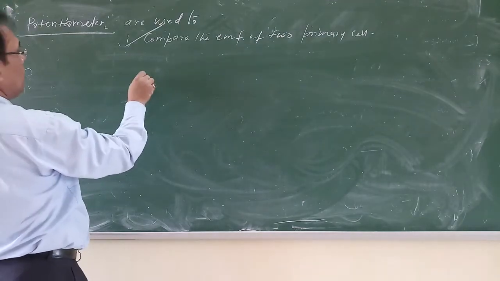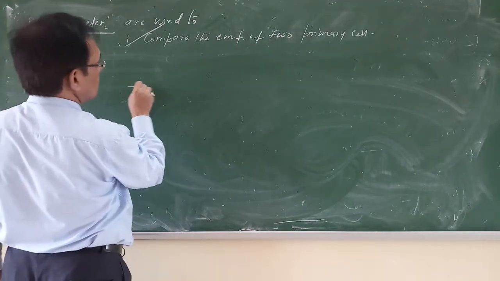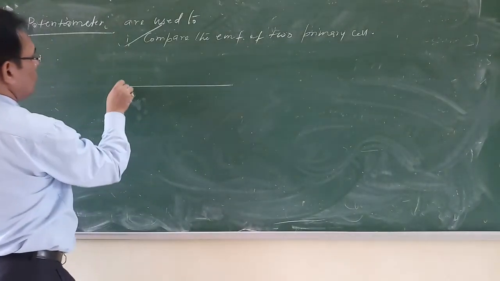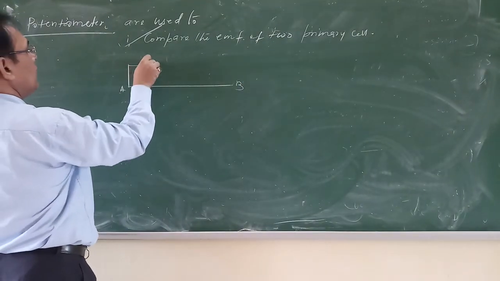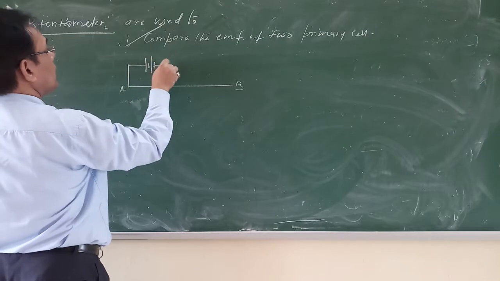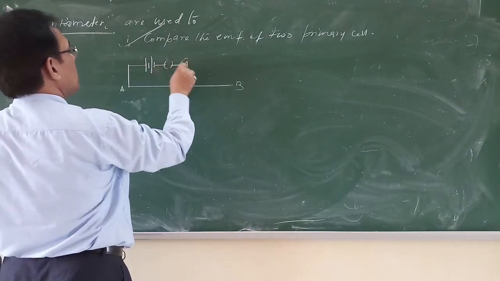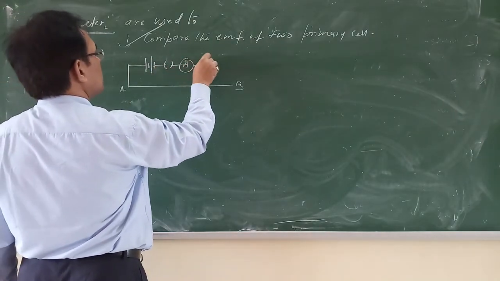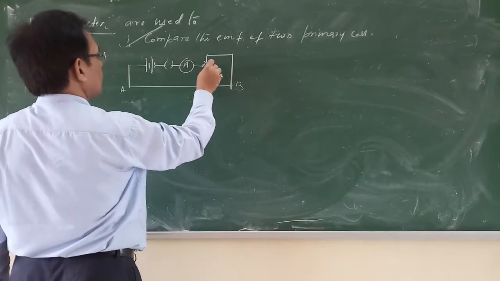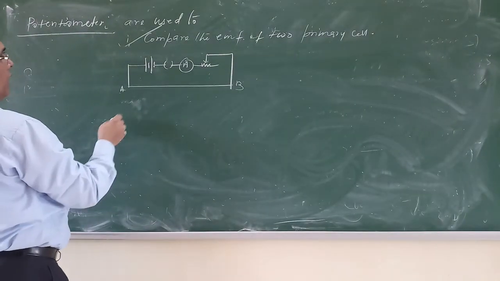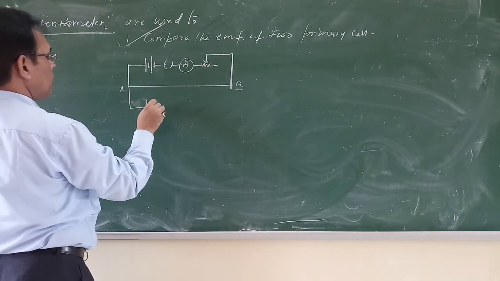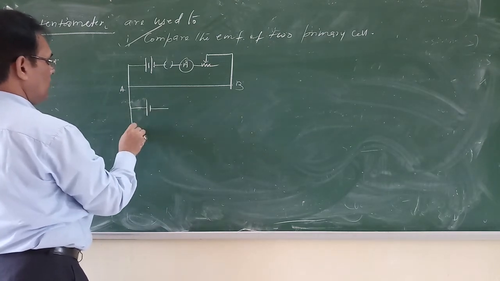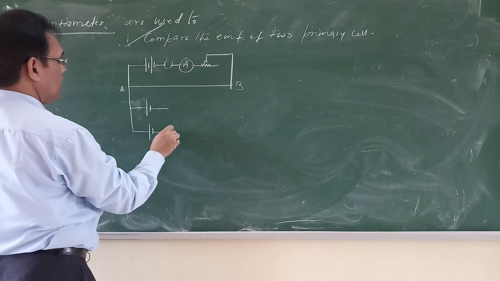So you draw the circuit diagram. This is the potentiometer wire A B, connected with the battery, then the ammeter, then the rheostat, and here you take the two cells whose EMF is to be compared.